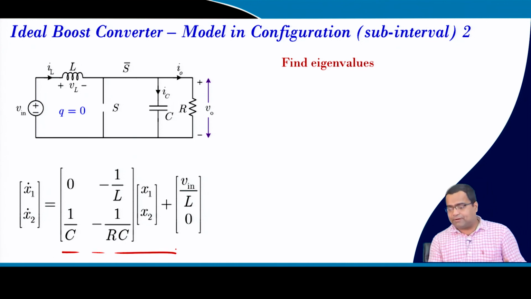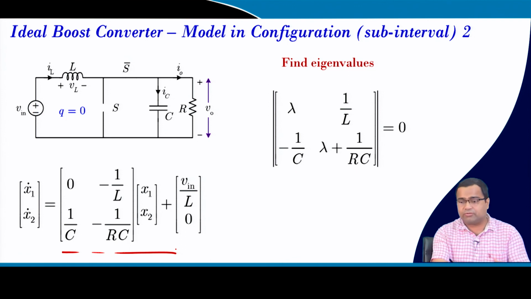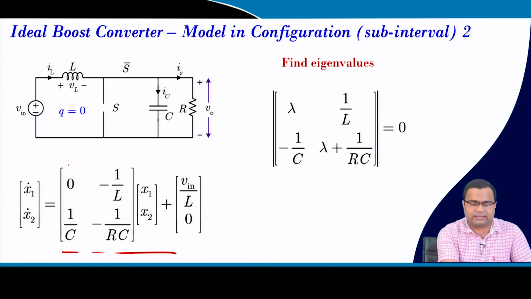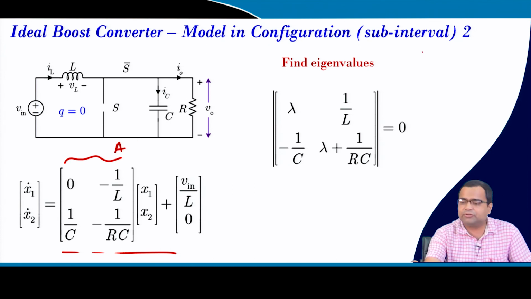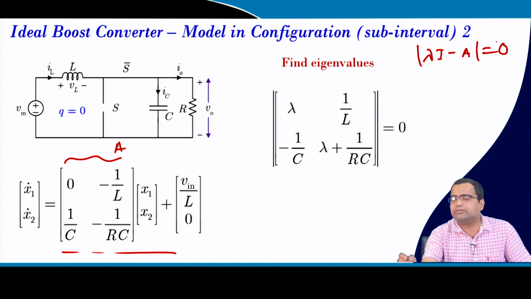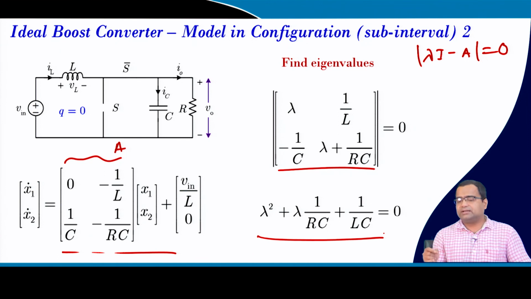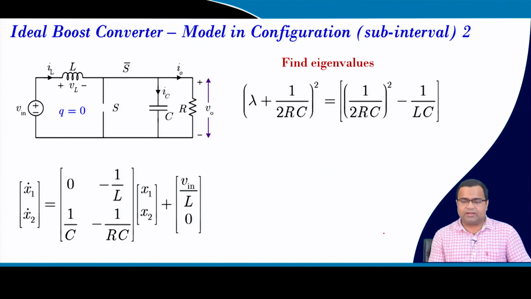Now, if we want to find the eigenvalues in any mode, particularly subinterval 2, we know how to find them. If this is my A matrix, then we take the determinant of lambda I minus A. If we do that, we will find this equation: lambda square plus lambda into 1 by RC plus 1 by LC equal to 0.